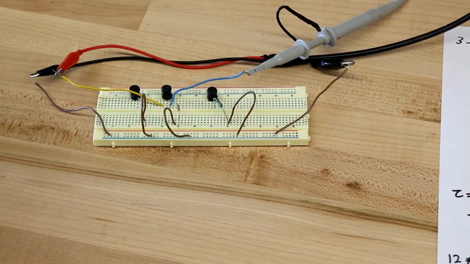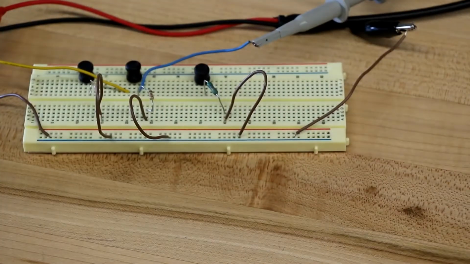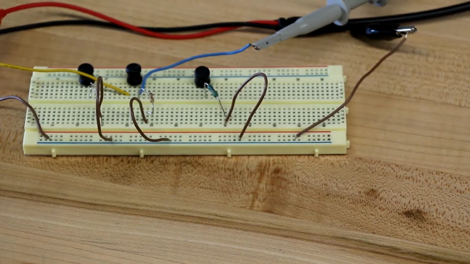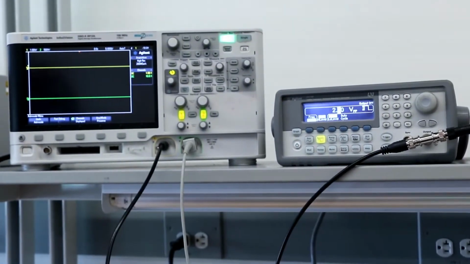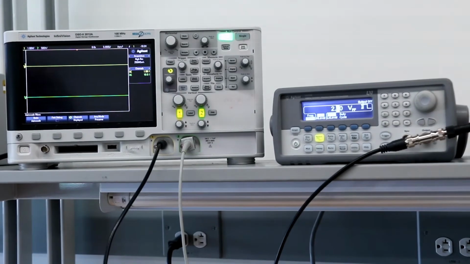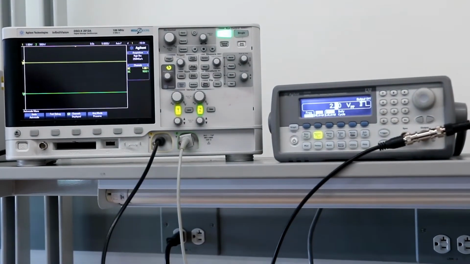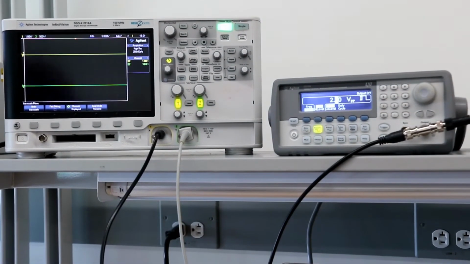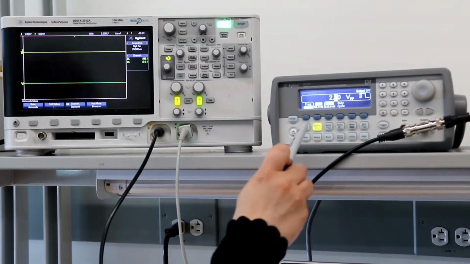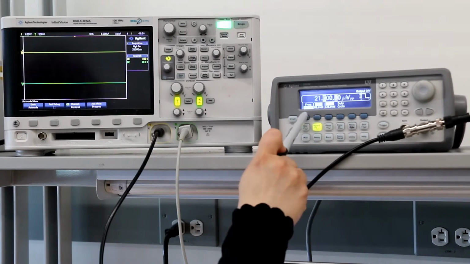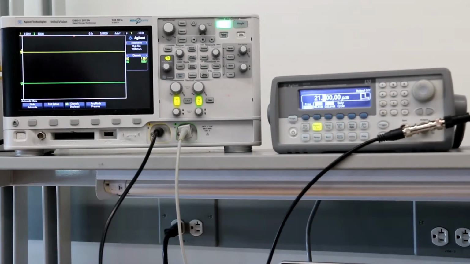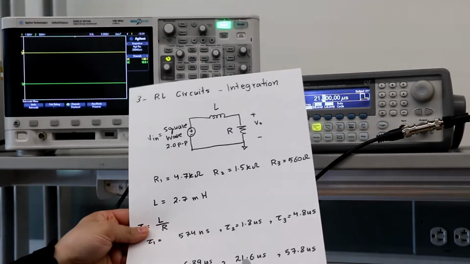So now for the function generator, it's a square wave with an amplitude of 2 peak to peak, and the period should be 12 times the expected tau.